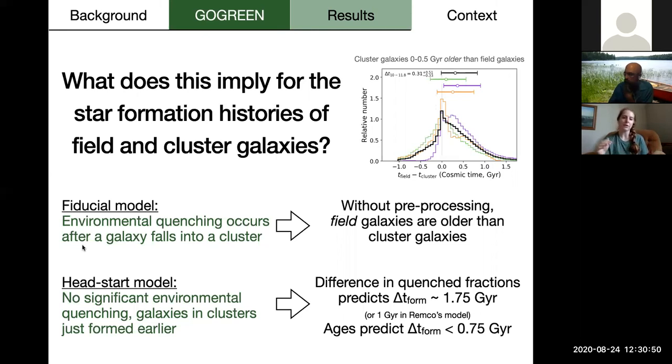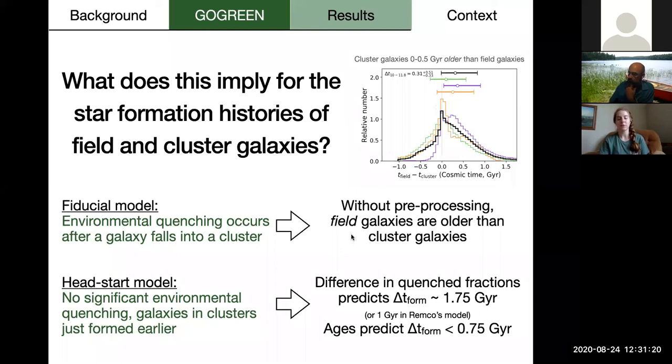But as you continuously assemble larger halos in your galaxy clusters, you're continuously building up your population of environmentally quenched galaxies. So the consequence of this model is that if you exclude any sort of pre-processing in your cluster environments, your field galaxies are going to be older than your cluster galaxies. Sorry, this should say your quiescent field galaxies are typically older than your cluster galaxies.